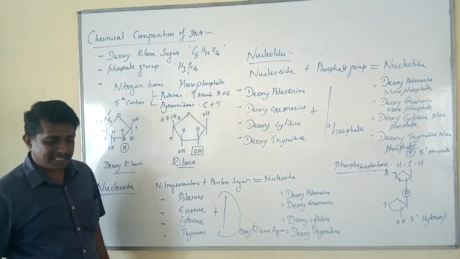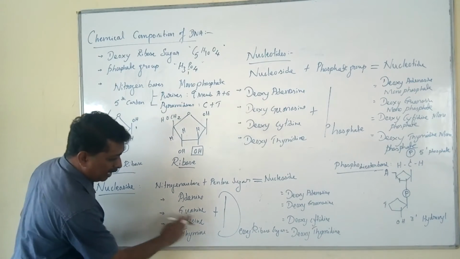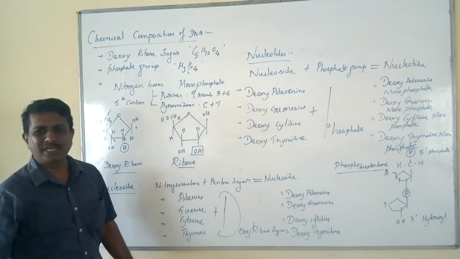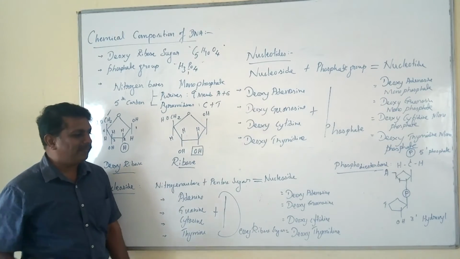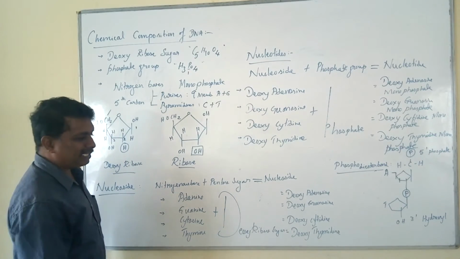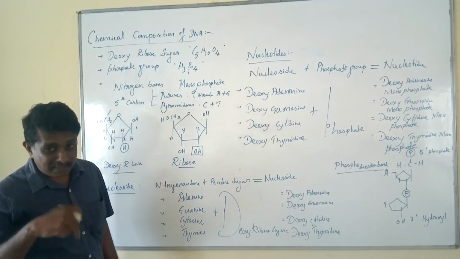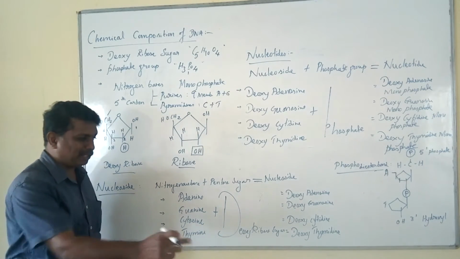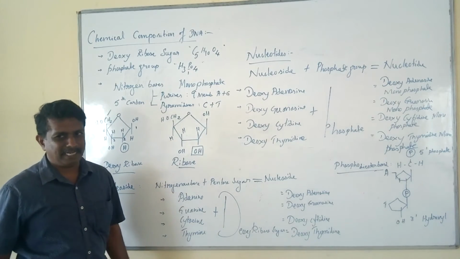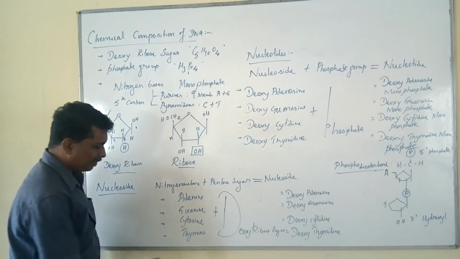The second one is guanine. Guanine combines with the deoxyribose sugar, leading to the formation of deoxyguanosine. The third one is cytosine. Cytosine combines with the deoxyribose sugar, leading to the formation of deoxycytidine.